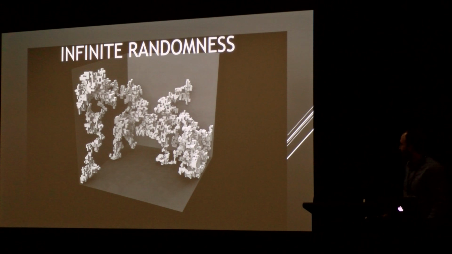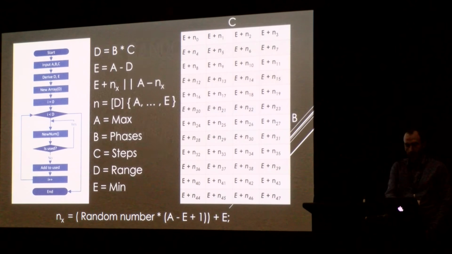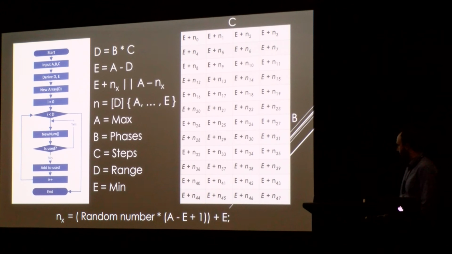So really, what the security system depends on is infinite randomness. A continuous stochastic process, like I said, a Markov chain. And if you look at the algorithm of how I created these numbers, you can describe it as: if you take A, B, C, which is your maximum, your phases, and your steps, and you derive D and E from those, then you basically run a for loop.